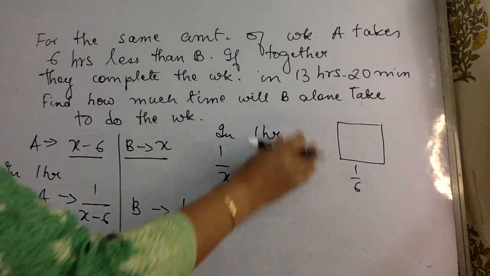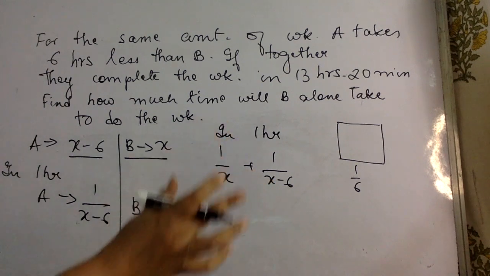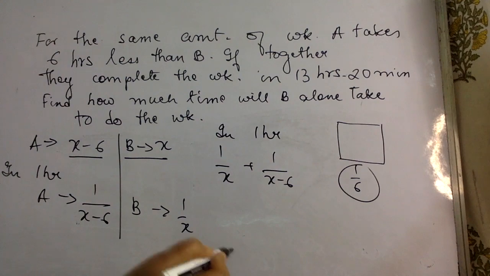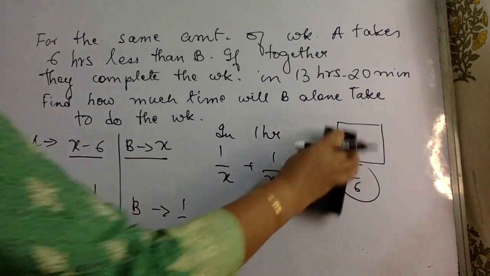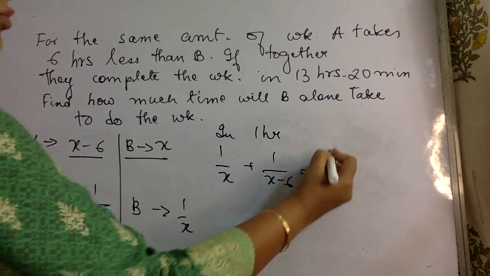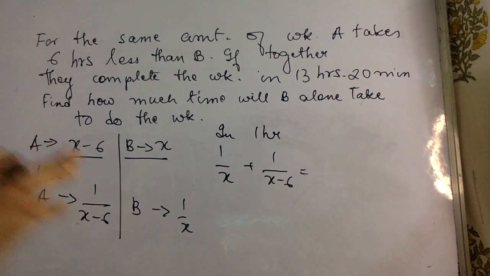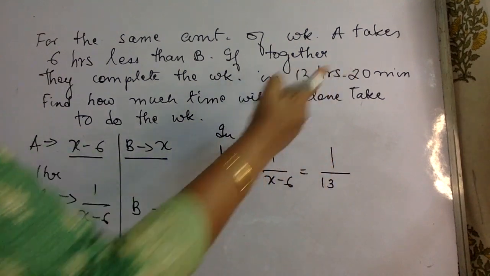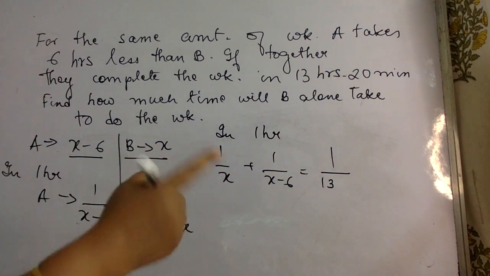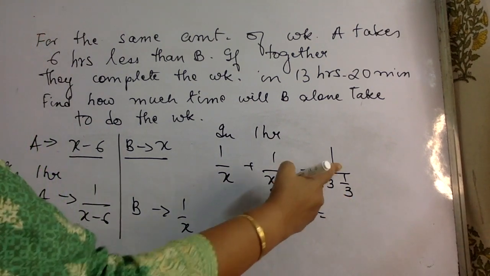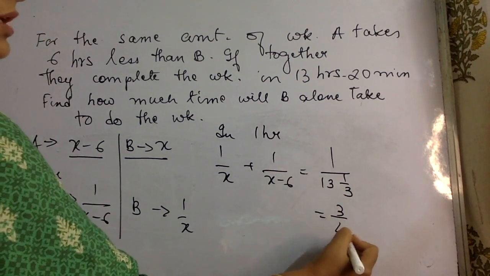I repeat, if the full wall could be painted by A and B in 6 hours, you give them just 1 hour, they will just paint 1/6 of the wall. Same thing; the only thing is this time has a fractional value in it, so it might look a little confusing. So in 1 hour they'll do 1 by 13 and 20 minutes, and 20 minutes is 1/3 of an hour, so 1 by 13 and 1/3. Now that comes to 1 by 40/3, so 3 goes up, 3 by 40.